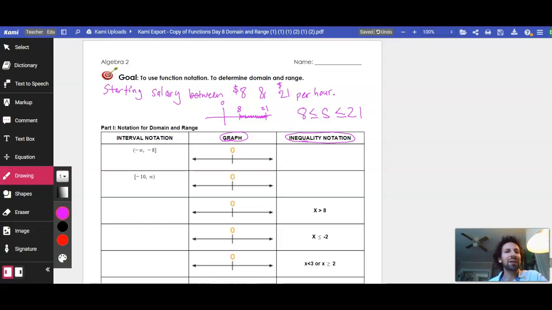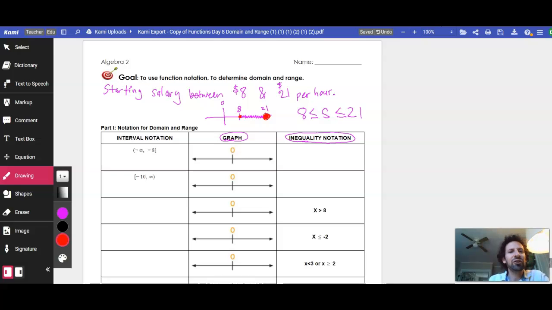Now the question is, since it can include $8, we can either do an open bubble or a filled-in bubble at 8. Because it can include $8, we're going to use a filled-in bubble at 8. And because you could earn $21, instead of doing an open circle, we're going to do a filled-in circle, because $8 and $21 are true possible salaries.